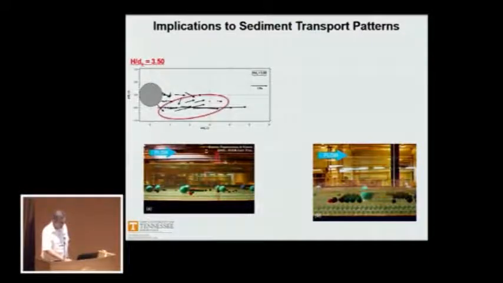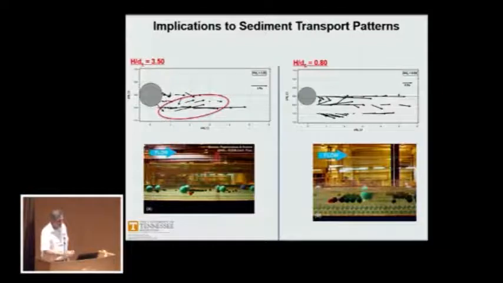And how we are doing that is getting the Reynolds stress distribution in the wake and upstream of the boulder for both relative submergences, and therefore trying to explain those patterns, the downstream deposition versus the upstream deposition.